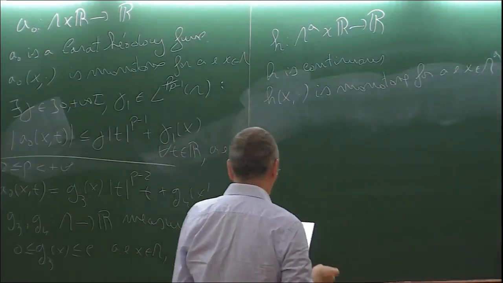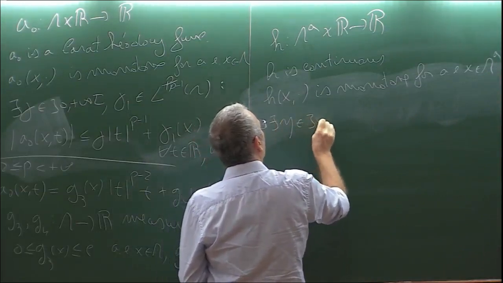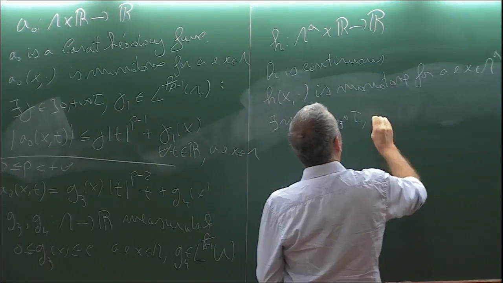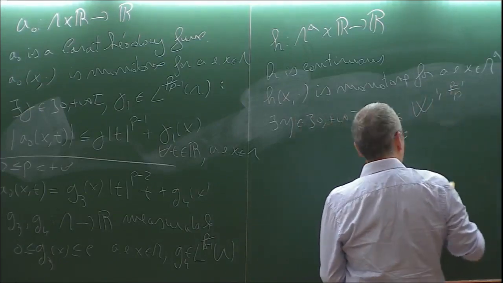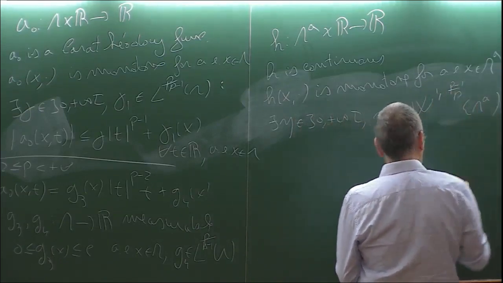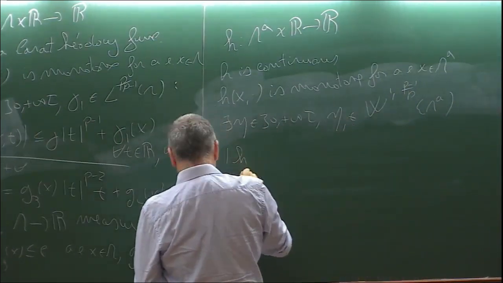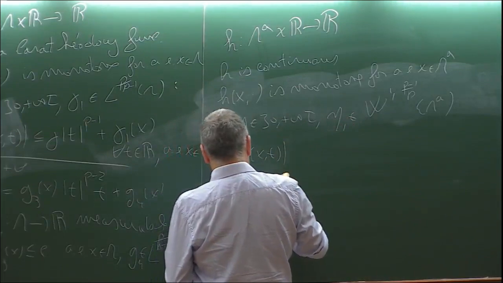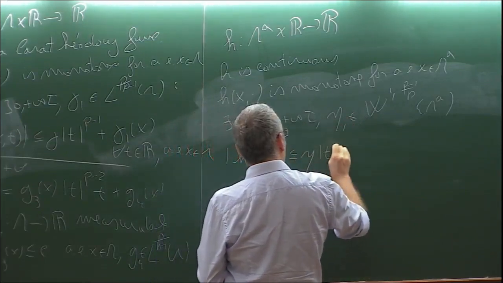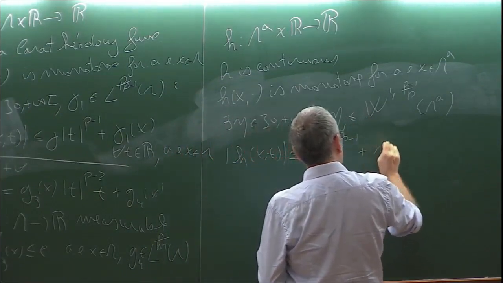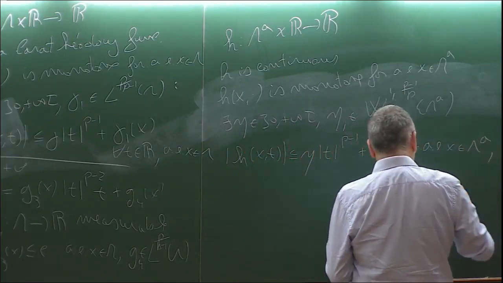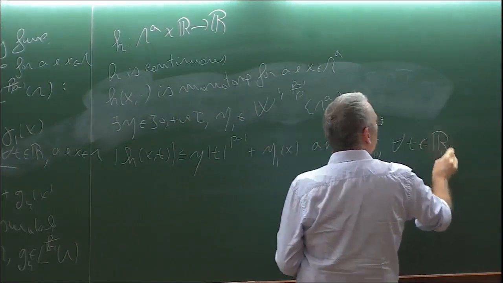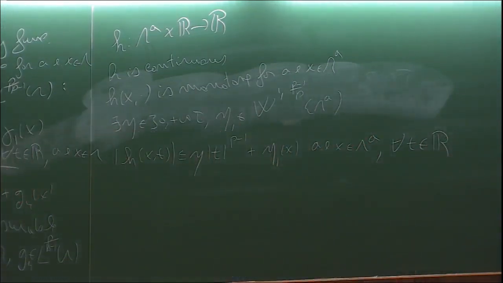But we assume a growth condition: there exist eta in (0, plus infinity) and eta 1 in W^{1,p/(p-1)}(omega A) such that the modulus of H of (x, t) is less than or equal to eta times the modulus of t to the power p minus 1 plus eta 1 of x, almost everywhere x in omega A, for every t in R. Moreover, on this function we suppose also that it admits a derivative, and we have some assumptions on the derivative.